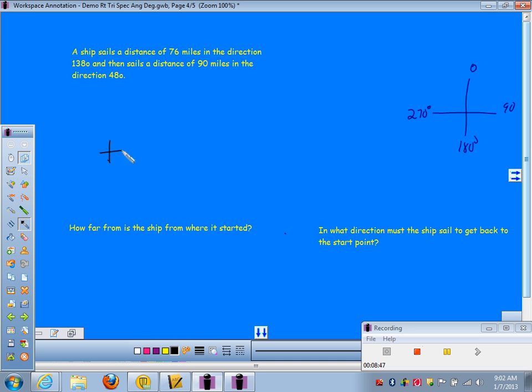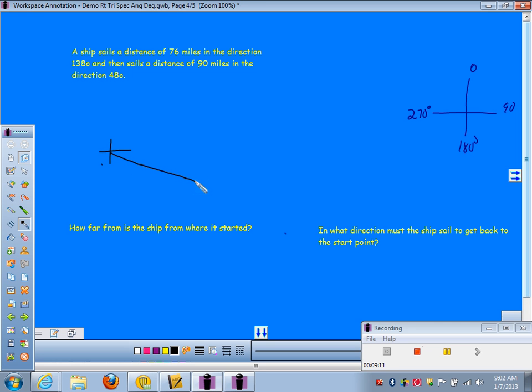Okay, the ship sails 76 miles in the direction 138 degrees. So which way did it go if it went 138? 138 is, the compass rose is over there on the right. 138 is going to take me southeast, yeah. So I'm going to go down this way somewhere, 138 degrees.